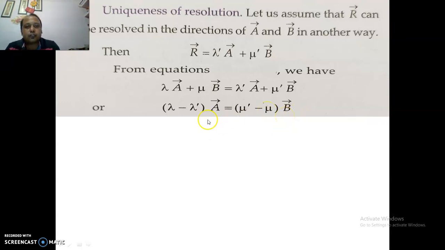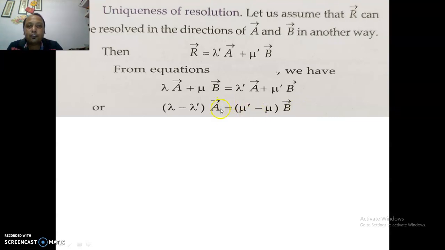Now these two sides, that is the left hand side and the right hand side, will be equal only when these two components, that is lambda minus lambda dash and mu dash minus mu, are 0, because vector A and vector B are two different vectors having different magnitude and different directions.